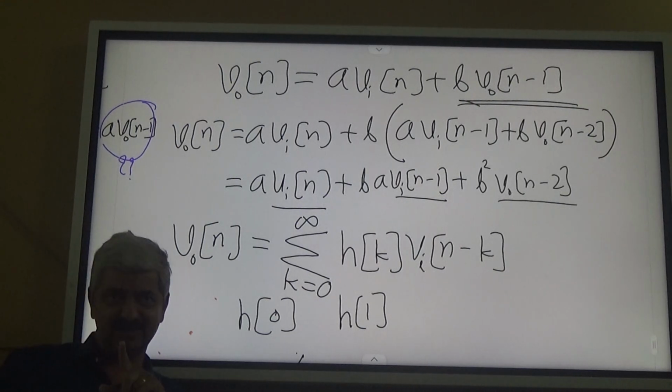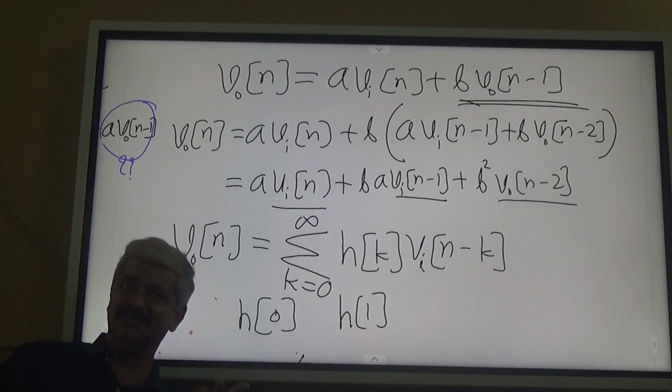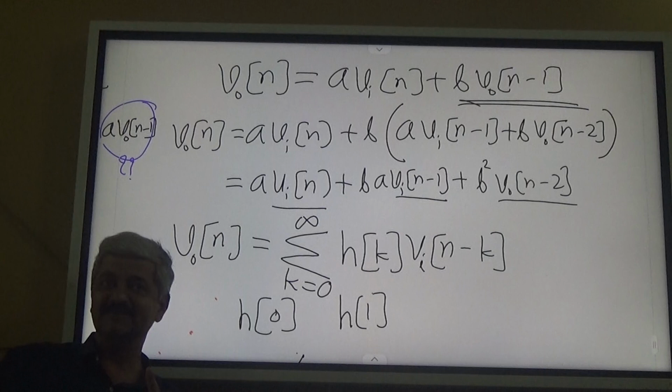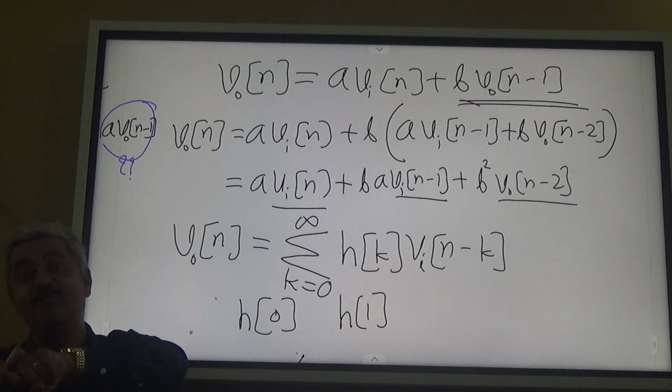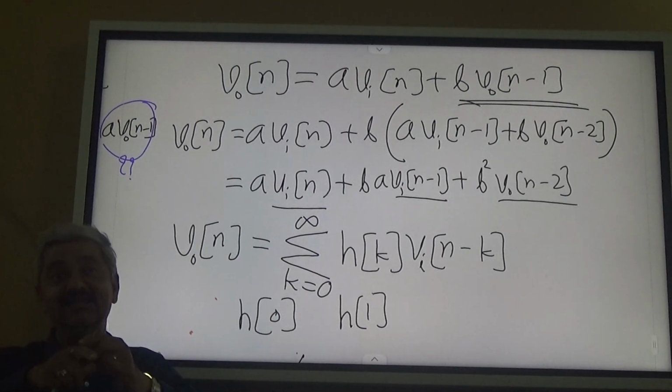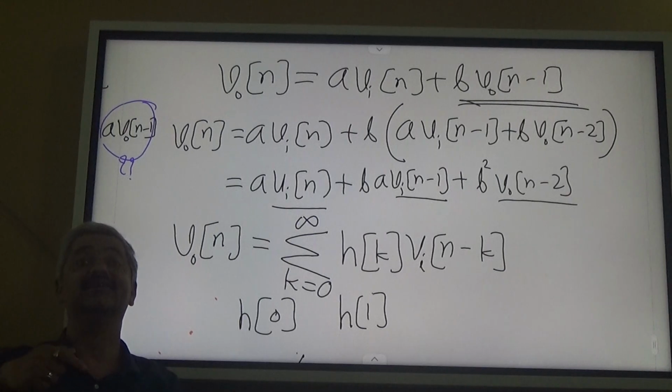What is the definition of HK? The proportion with which the input which occurred K sampling instances ago is contributing in the current output. So if K is minus 1, the input which occurred minus 1 samples ago means the input which is going to occur after one sample.